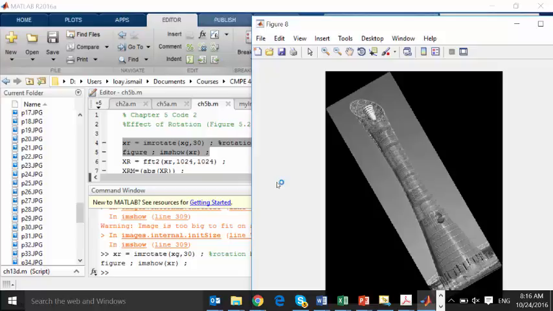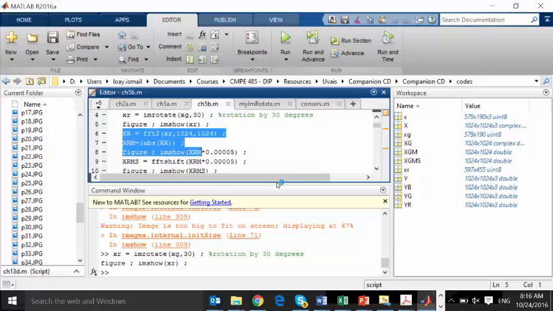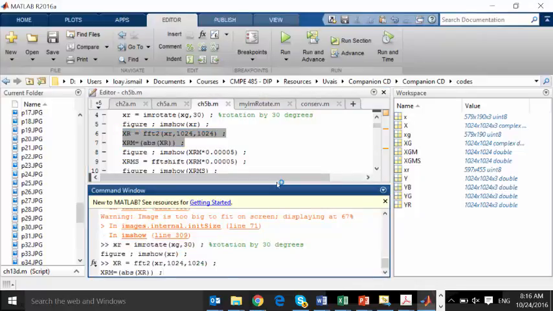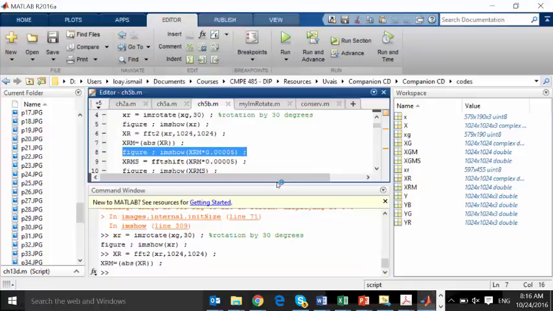What do you expect to see here? Let's try it and see. So here we'll get the fast Fourier transform and get its magnitude, its absolute value. And let's see what the result will be.